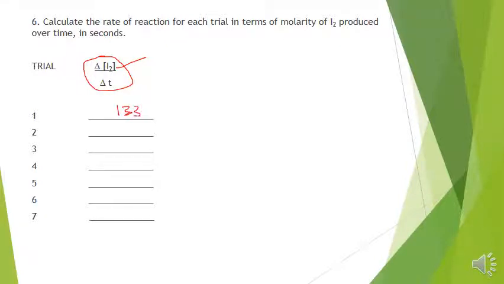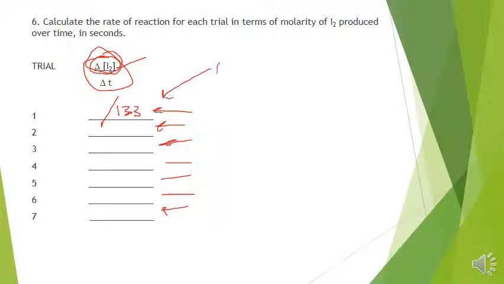So you take this number that you found in the previous slide, number 5, divide it by 133, and that number will go here. Then you do that for the other trials. And this is the rate of the reaction.